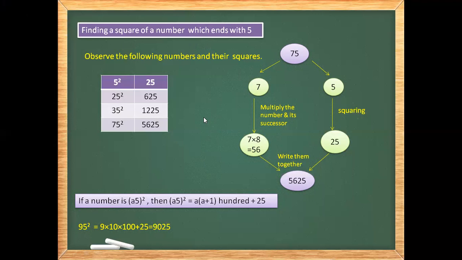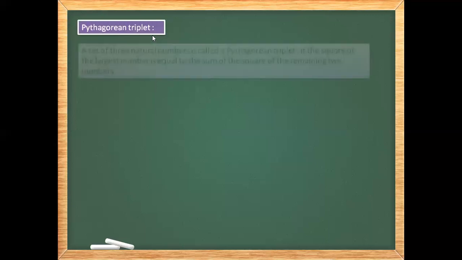Okay. Now see here, one more topic we have to cover, that is Pythagorean triplet. Pythagorean means you must learn the name of this mathematician Pythagoras, and it is related to that. So it is regarding numbers. Pythagorean triplet. So what is this?